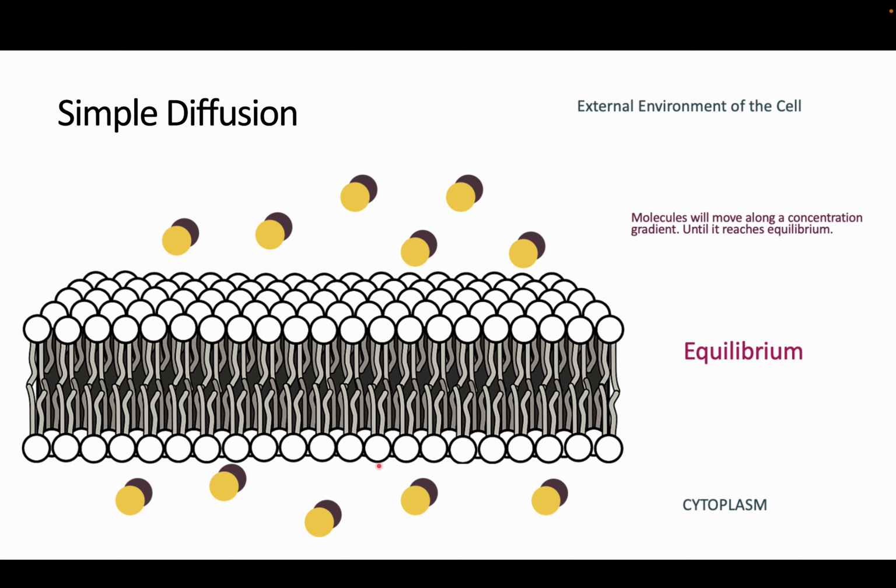Molecules will move along the concentration gradient as long as their concentration is not equal on both sides. Once the concentration of the transported molecules is equivalent between the exterior and the internal environment of the cell, that's the time that diffusion will come to a halt. It will stop.